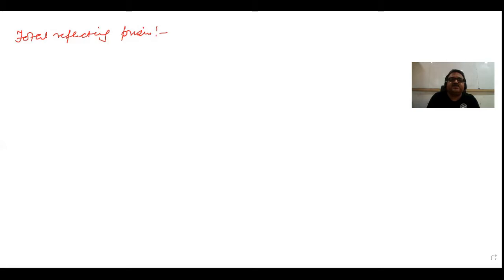A total reflecting prism is actually a 90-degree, 45-degree, 45-degree configuration. That means two sides are equal and it is a right angle, correct?